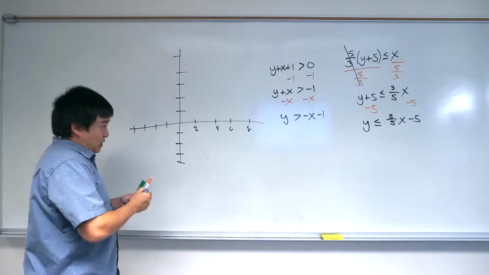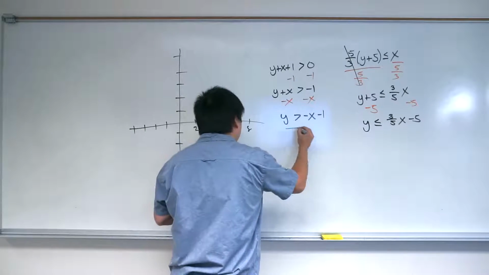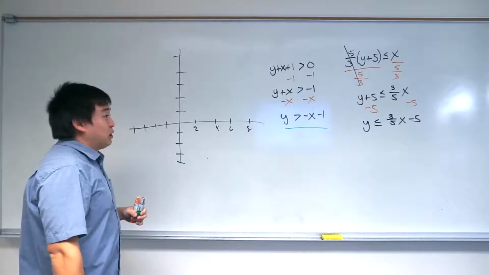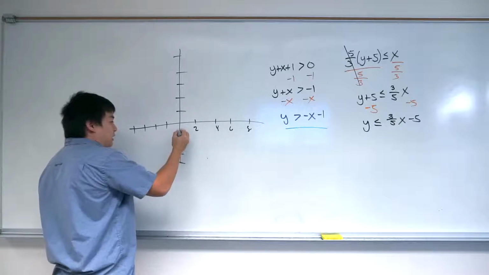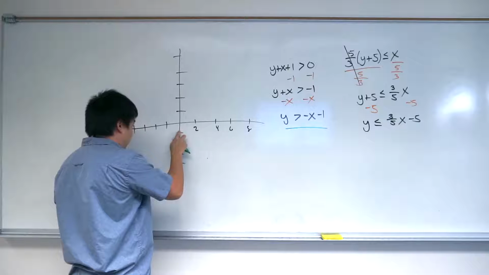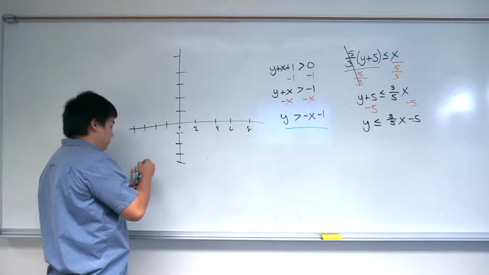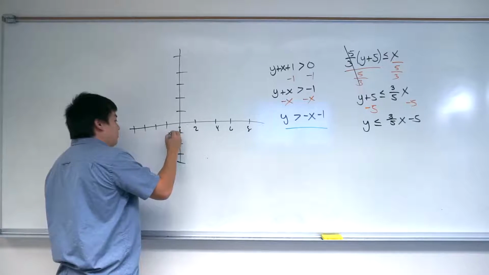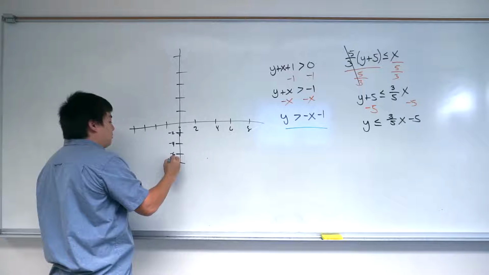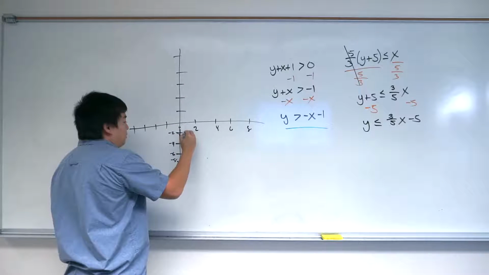So the first line, I'll do that one in green, is given by negative 1, so it starts here, and then it goes down 1, right 1.